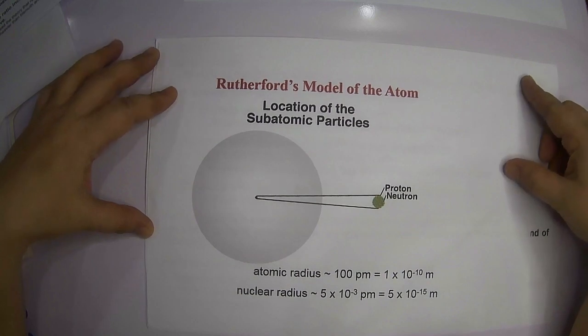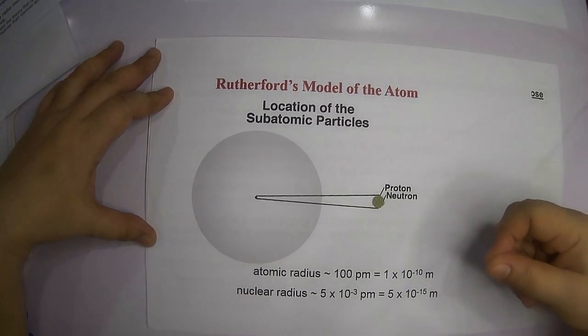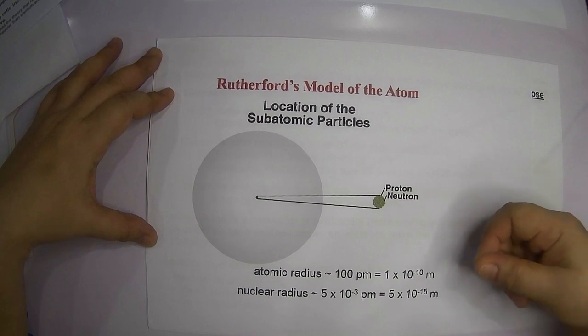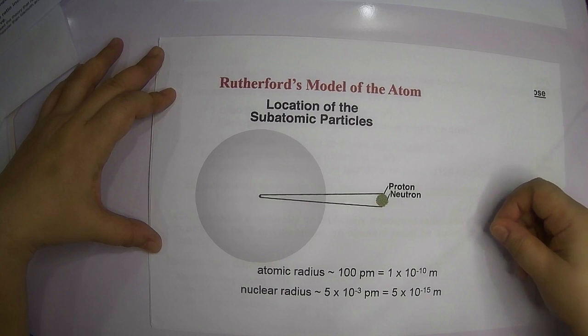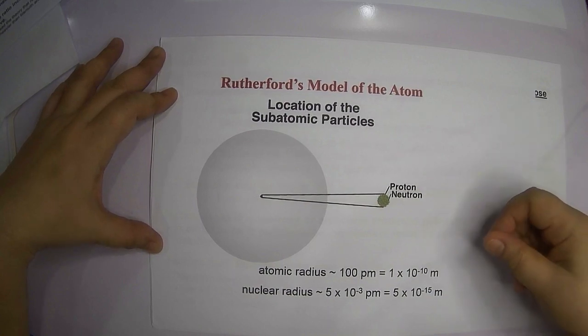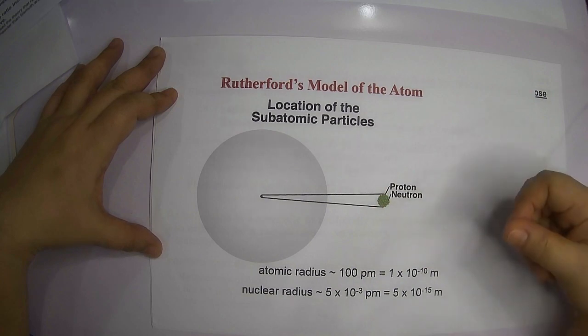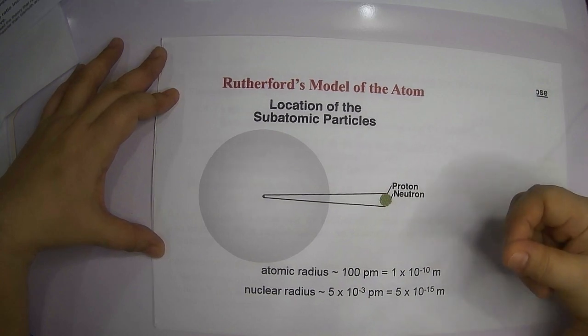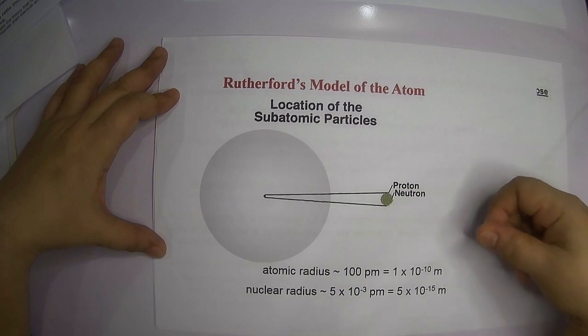Then he concluded that there must be a massive part of an atom which is positively charged like an alpha ray. And it is located in the center, because most of the alpha rays he emitted just passed through the gold foil.